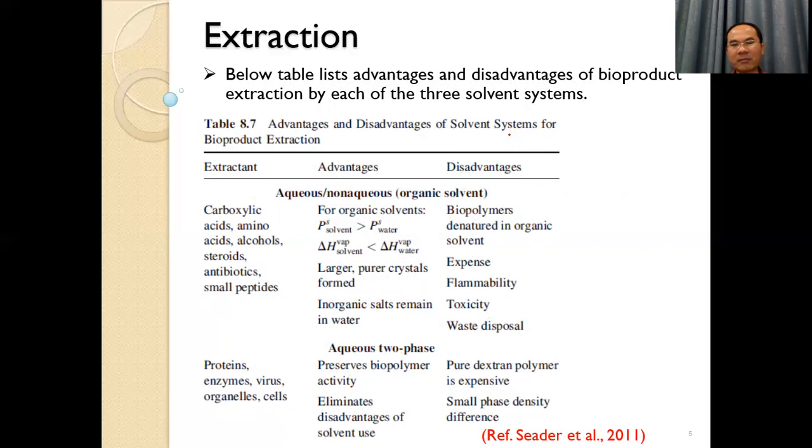But the disadvantage is that it is expensive for pure polymer, and maybe a small phase density difference. It is an important disadvantage that there is a small difference in density between the heavy phase and light phase. The extraction targets in the aqueous two-phase system are protein, enzyme, something like this.